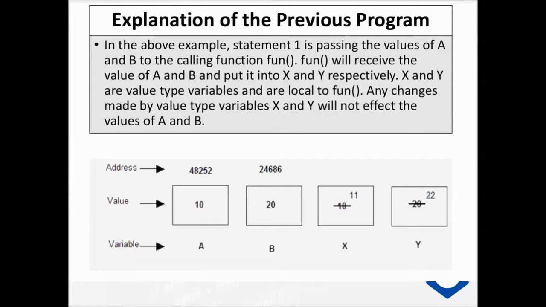Then we use two variables x and y, and when these two variables receive the values 10 and 20, they replace 10 with 11 and 20 with 22. So there is no change in the addresses, only a change in the values. So x and y will not affect the values of a and b.